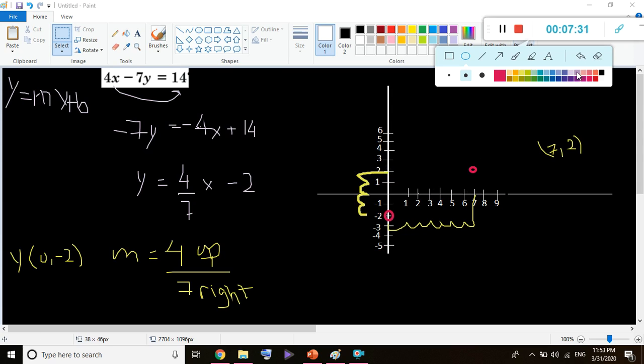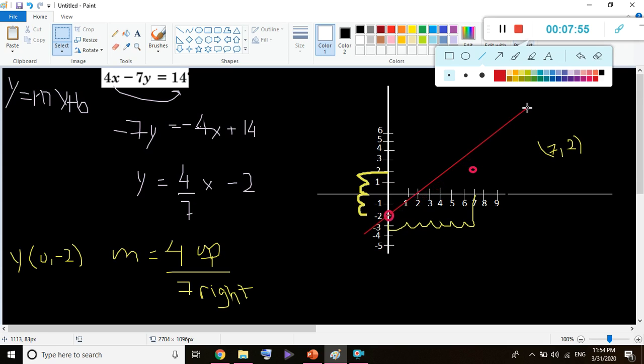And the last thing we're going to do is draw a line that connects both of them, which is the line. So we're going to connect both of them. Let me just have this color.